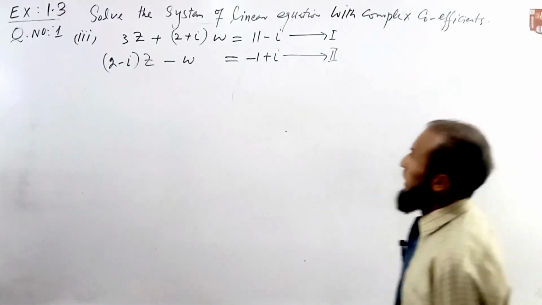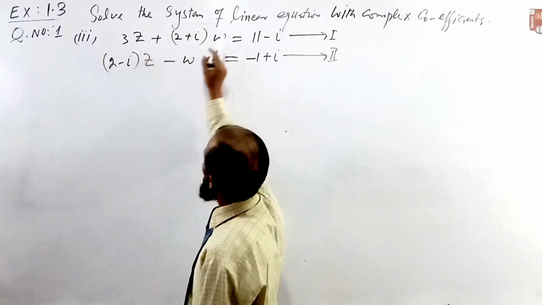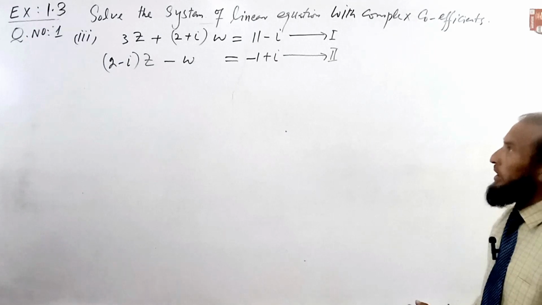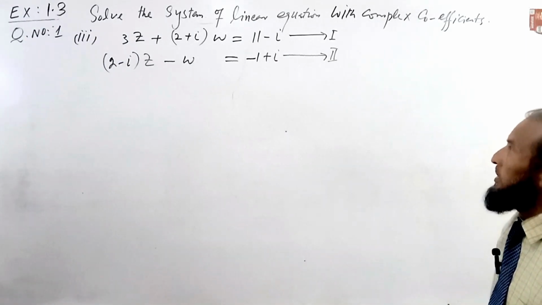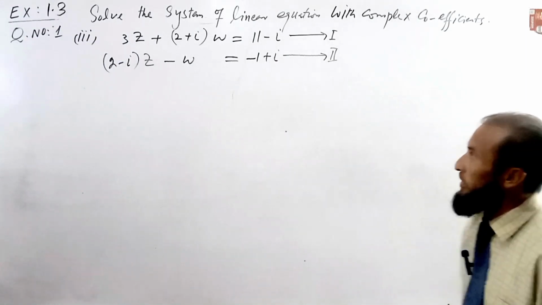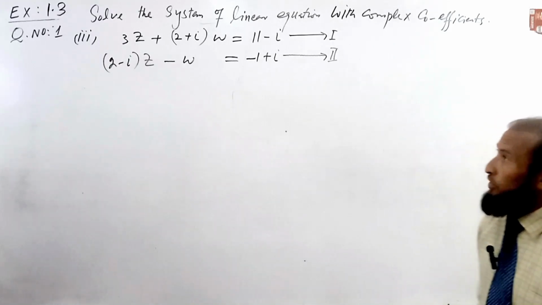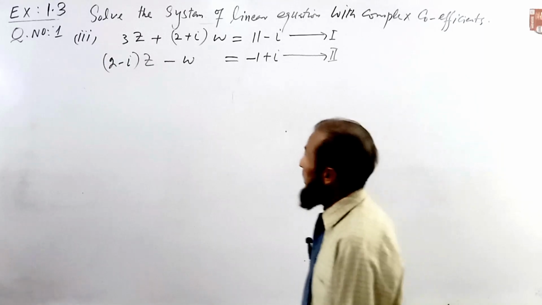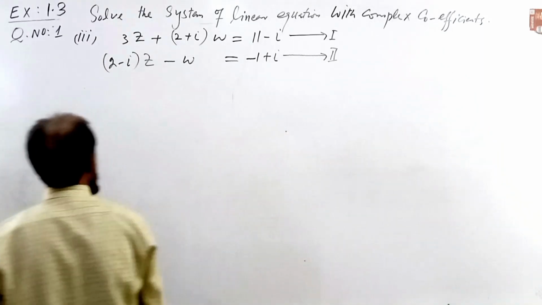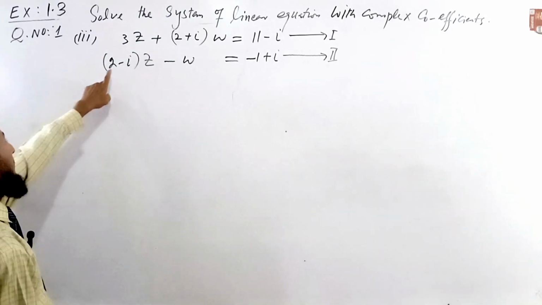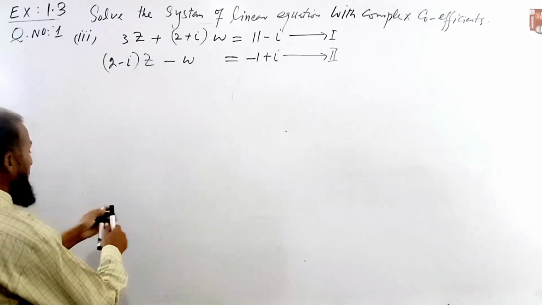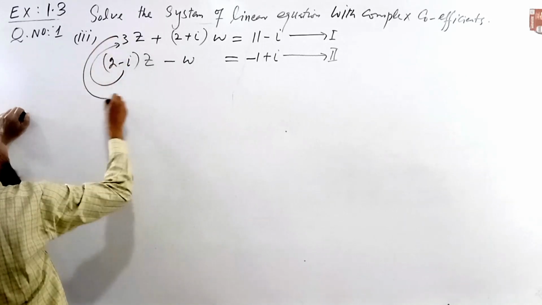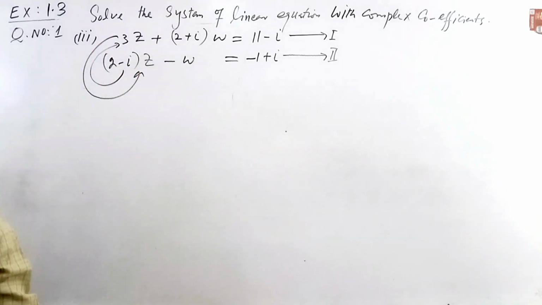Two unknown variables z and w are used, and there are two equations and two variables, so this is called a system of linear equation. We try to find the solution for z and w. How will we get it? If we use the elimination method, it means that here we multiply the 2 minus iota term by the first equation and 3 by the second equation.